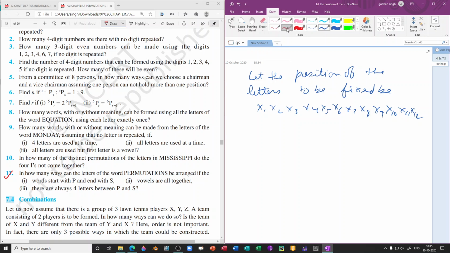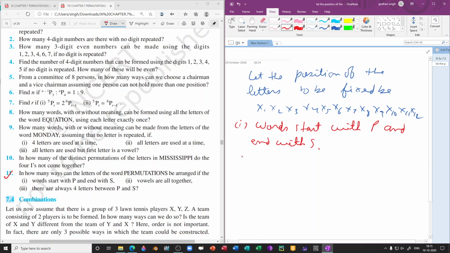So we'll be doing the first part. First part is words start with P and end with S. So that means the position of P and S is fixed.